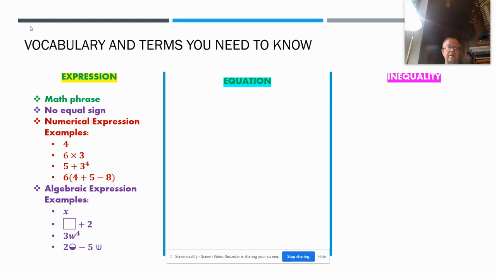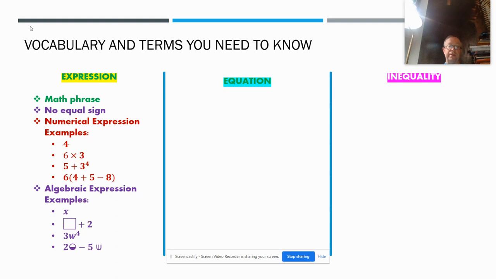All right. If we do know that, then we can substitute the value and we can make the same kind of simplification using order of operations. We'll substitute X for 3 if we're told that X is 3, or the box is equal to 5, or the W is equal to something else.